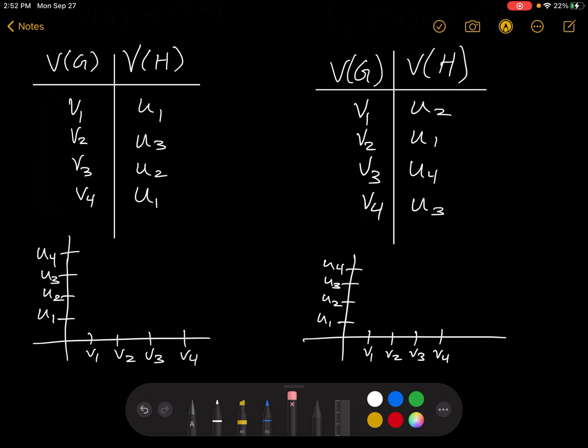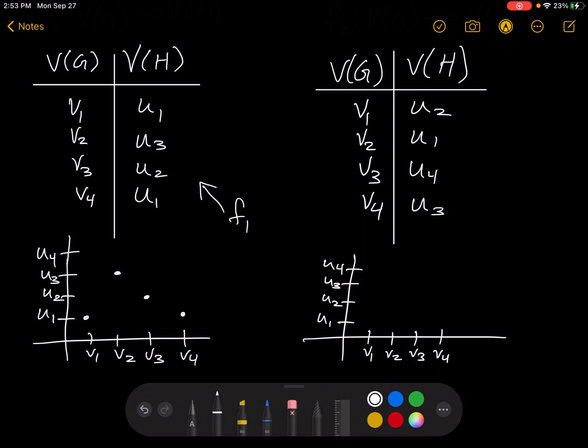Now let's decide, is f1, represented by this table here, a one-to-one function? So graphing the points in the plane for my graph here, let's see, v1 goes to u1, v2 goes to u3, v3 goes to u2, and v4 goes to u1.